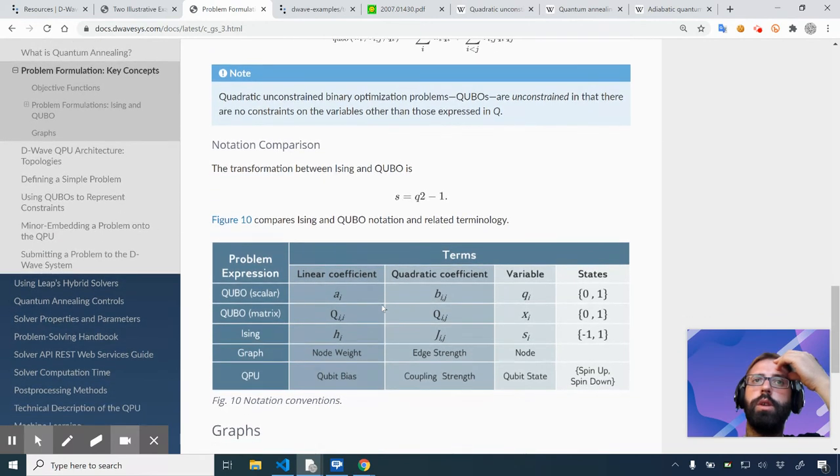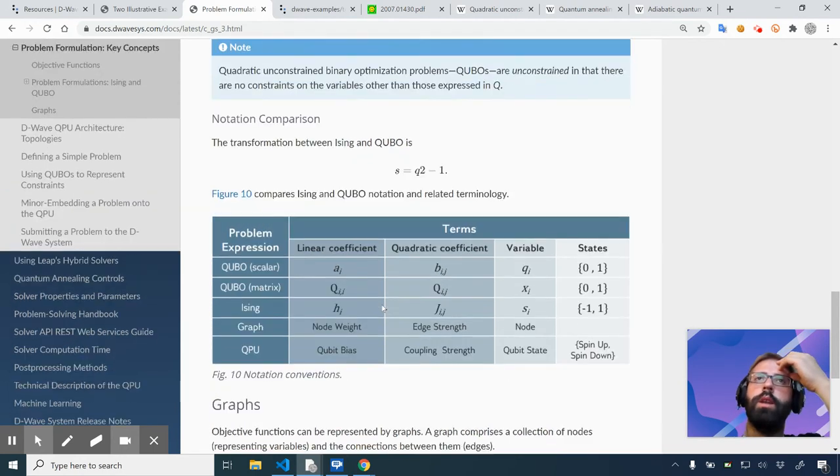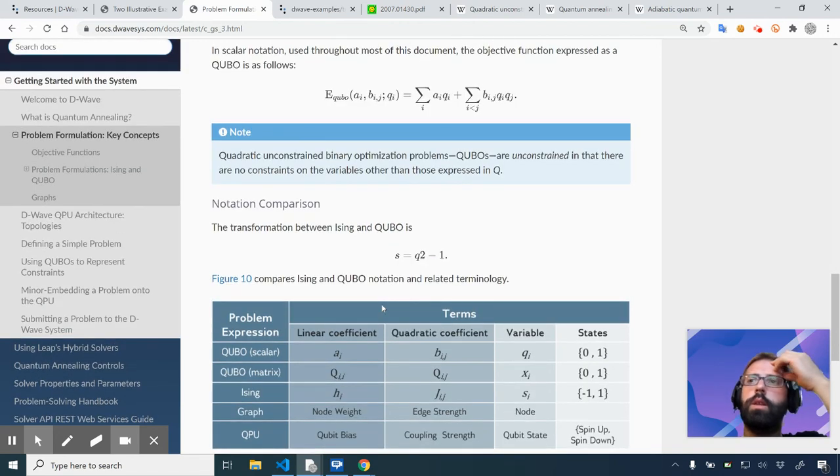Linear coefficient, node weight, coupling strength. What you find at the end is the lowest energy value, so you're staying at the lowest energy level, and then you know in which state each of your qubits is.